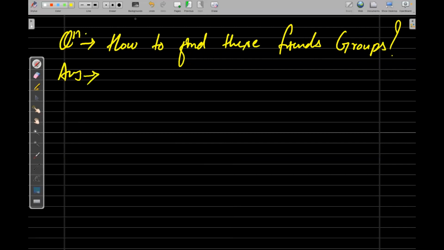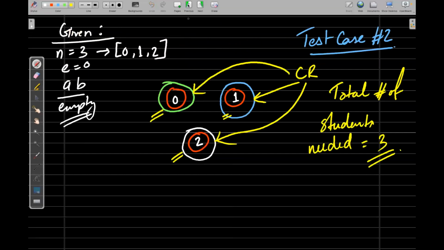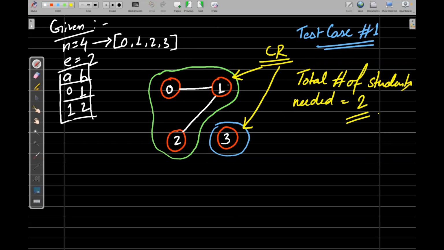Think about it. This is some concept you have already learned in graph theory. See here. In a group, the basic information you can extract is that a group is called a group when all the nodes in a group are connected with each other, and a group has at least one node.